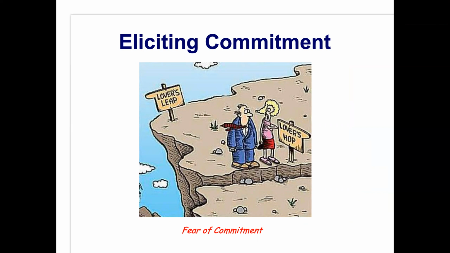We need to have mobilization talk. Mobilization talk, otherwise known as implementation intentions, are the best predictors of subsequent change. This gentleman is not ready to take the leap. However, he is ready to take the hop.